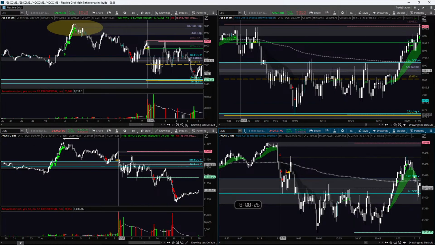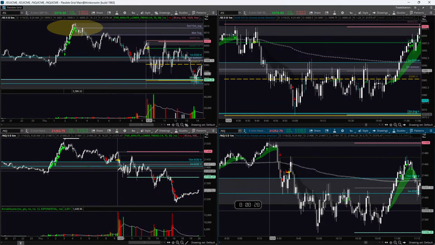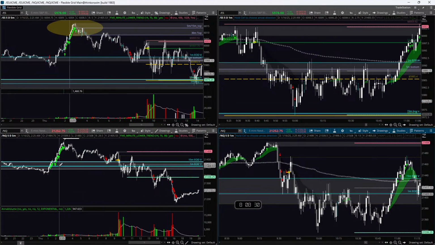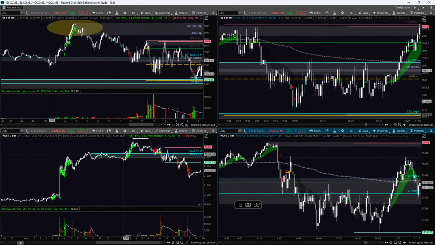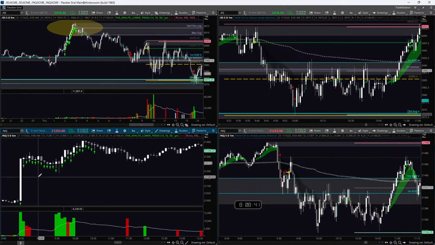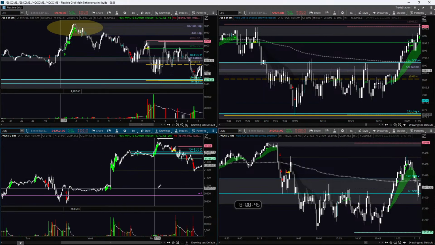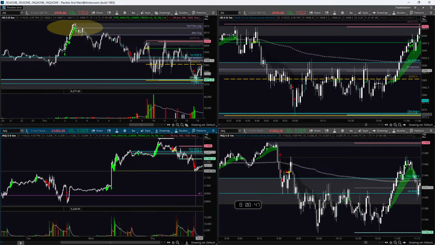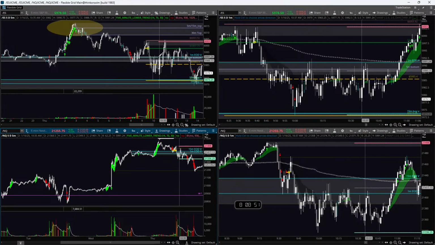This is the demand zone for NQ. All right, this is the demand zone for NQ. You see price comes here and bounces, comes out lower to this level here, and also bounces. All right, so this is a demand zone for NQ.